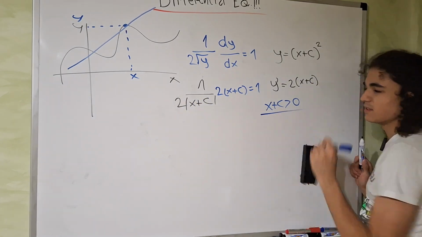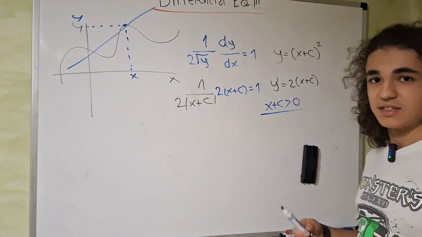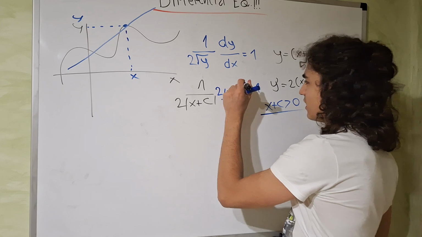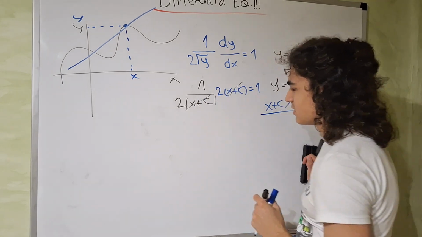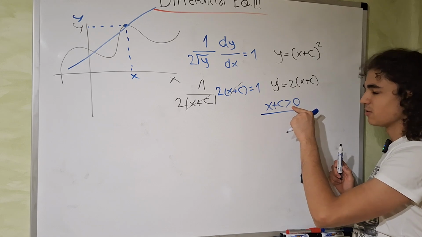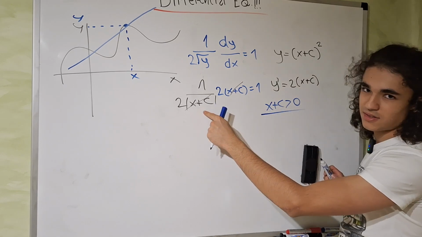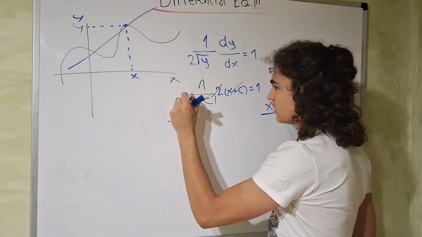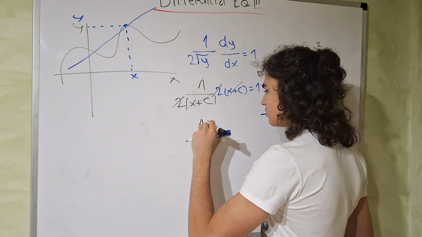So if this condition is satisfied, so x plus c is indeed greater than 0, we can simplify x plus c and x plus c, and of course greater and not greater or equal to, otherwise 0 in the denominator wouldn't work. We can simplify the 2 and 2, and we get 1 equals 1.